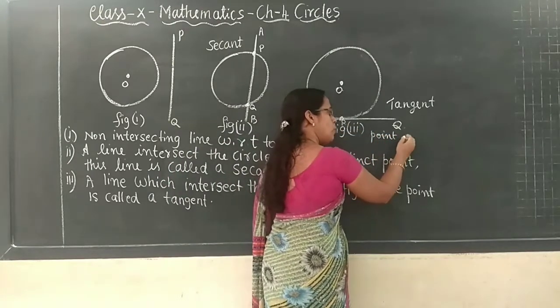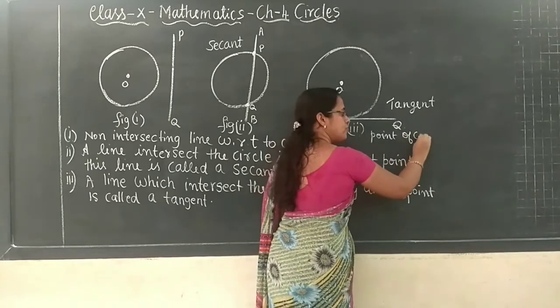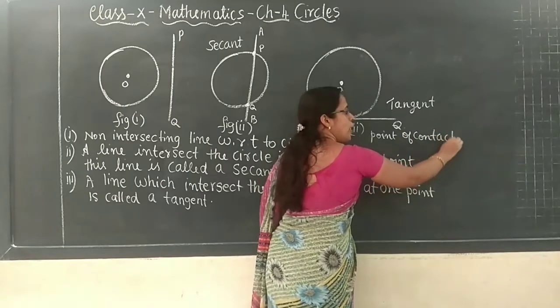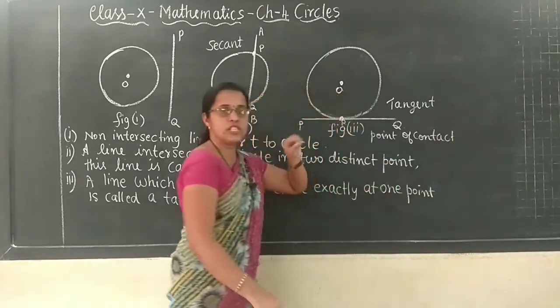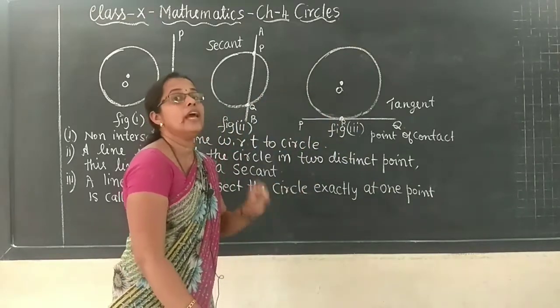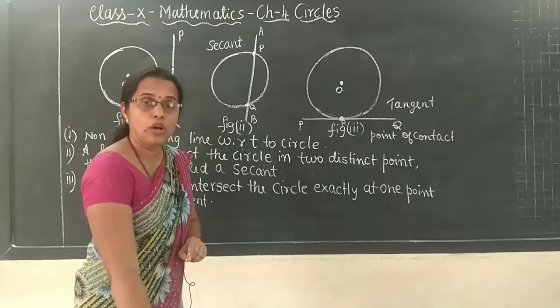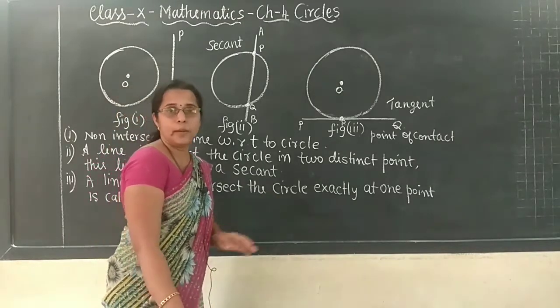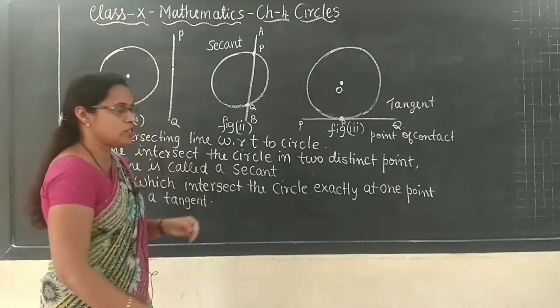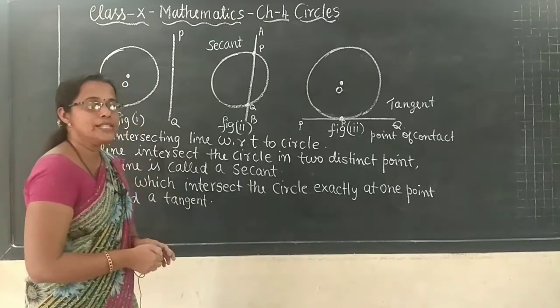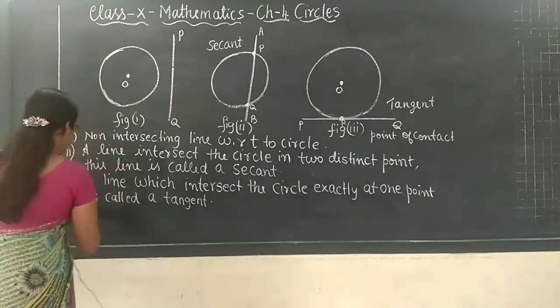What is the meaning of point of contact? At that point only, the circle touches the tangent. Is it okay? So you have to write about the point of contact. These questions will come in fill in the blanks, and you have to answer them, so better write it in your maths classroom. What is the point of contact?